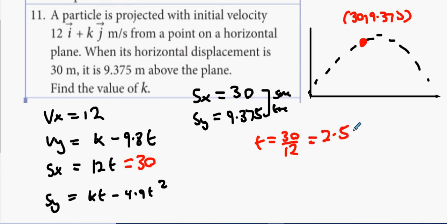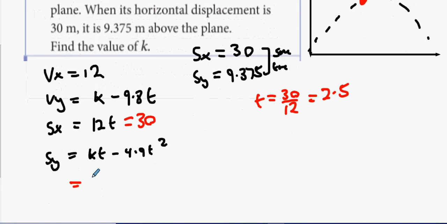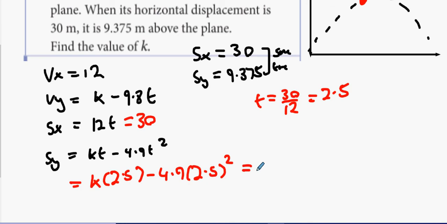Alright? So what happens when you insert 2.5 into Sy? What has to happen? What does the answer have to be? Has to be 9.375. So 4.9 by 2.5 squared is 30 times 625.